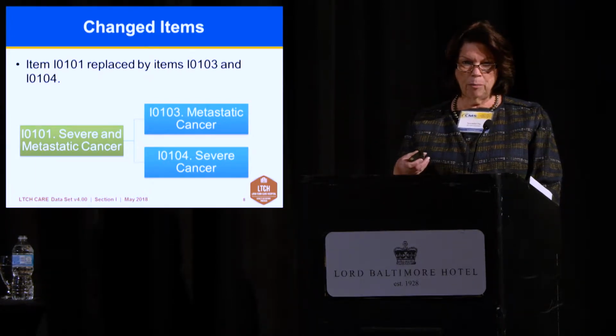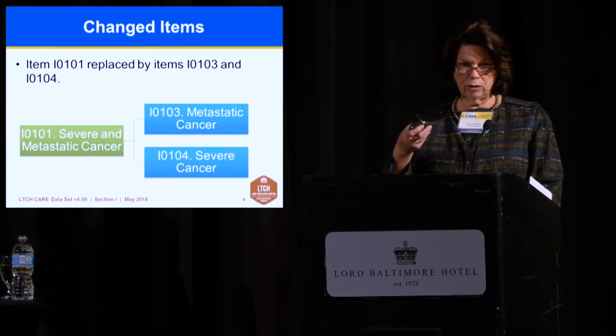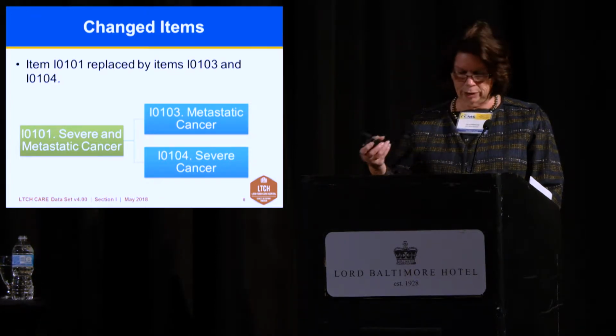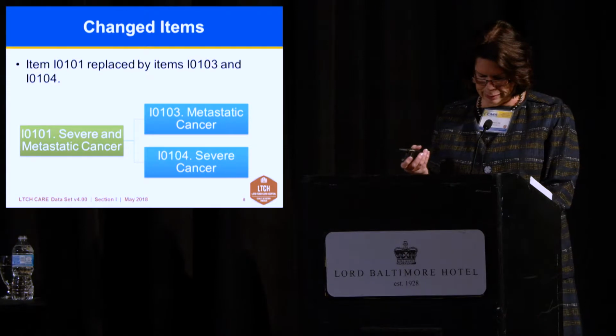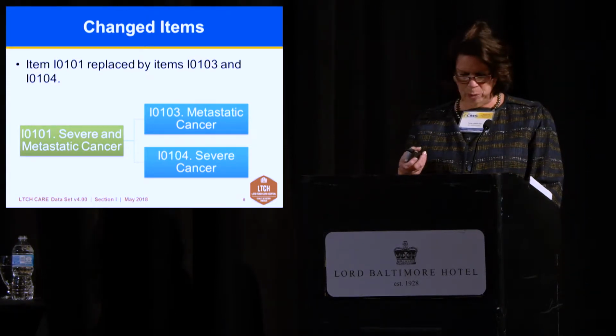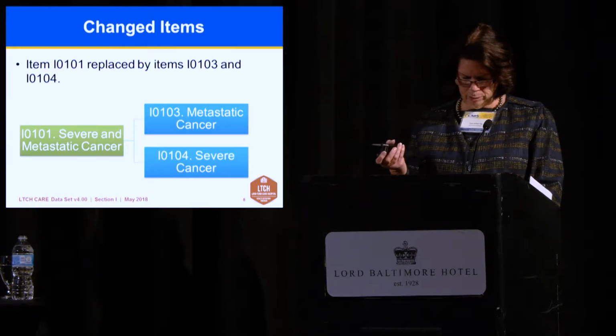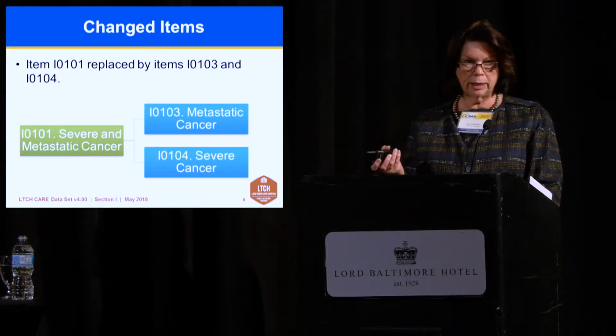And I think one of my suggestions that may help in terms of differentiating the severe cancer from the metastatic is to turn to your ICD-10 codes. So for instance, the ICD code C35.11 is lung cancer, malignant neoplasm of upper lobe, right bronchus, or lung.